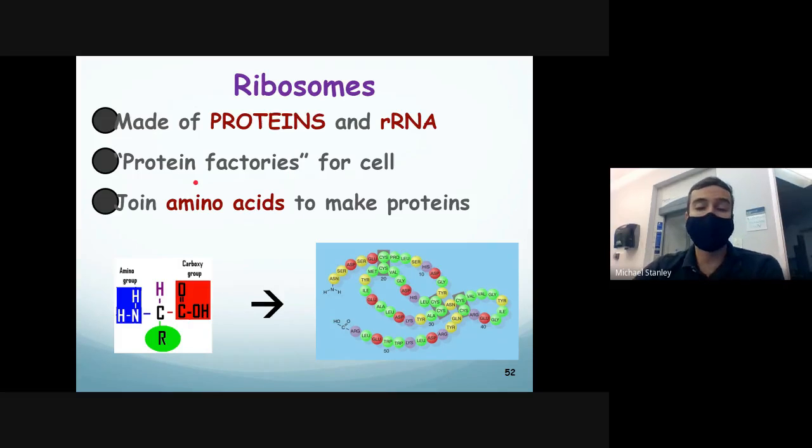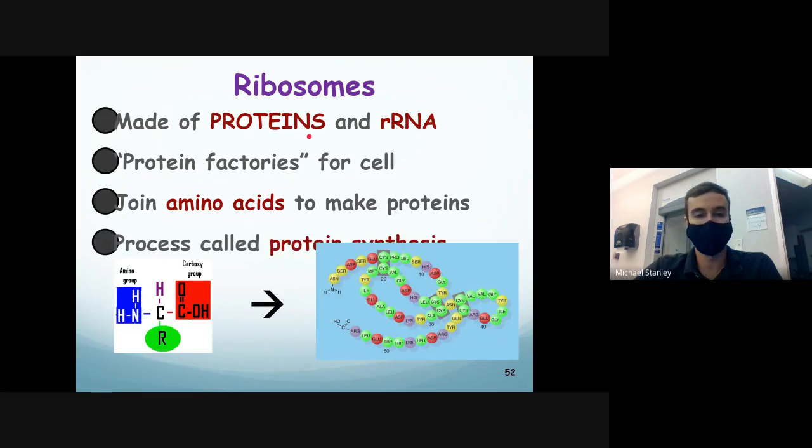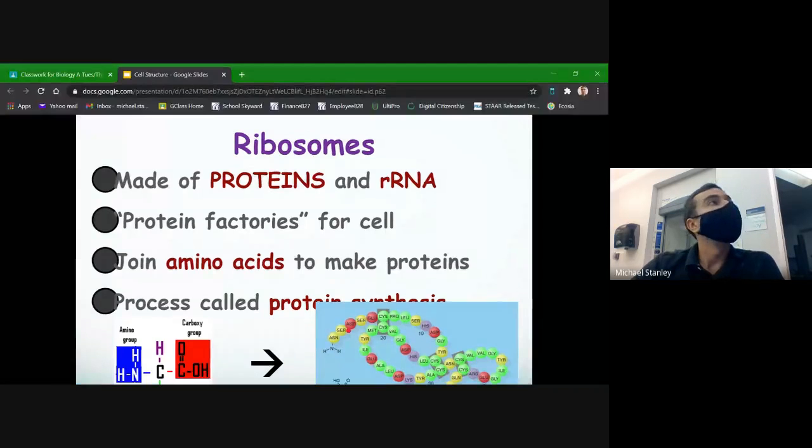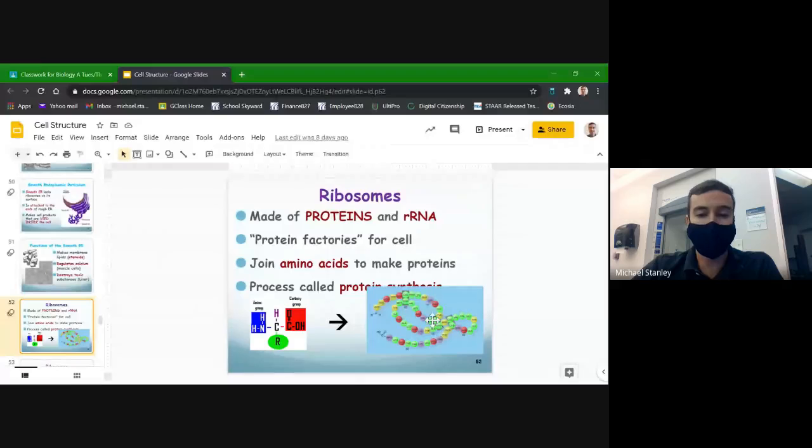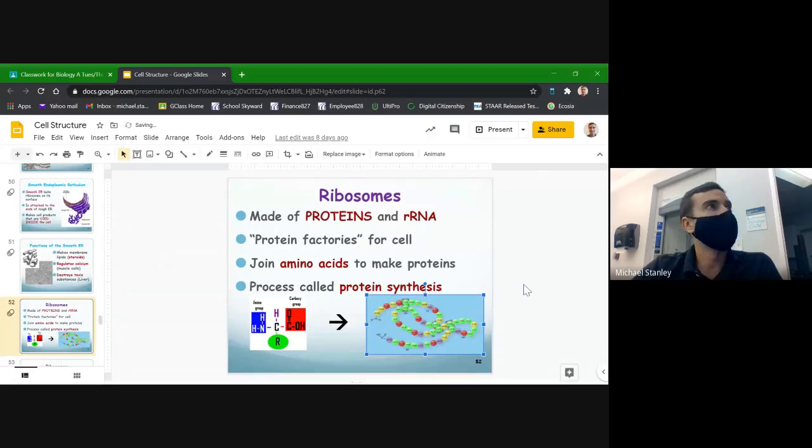Right now, all you need to know is that ribosomes are where the proteins are made. So, it got cut off by the picture a little bit here. It's a process called protein synthesis, because that's just a fancy science way of saying we're making proteins. There we go.